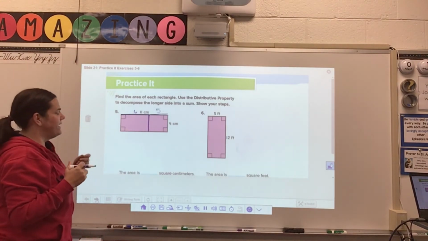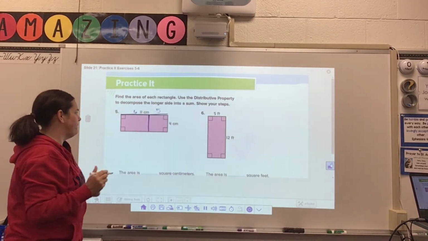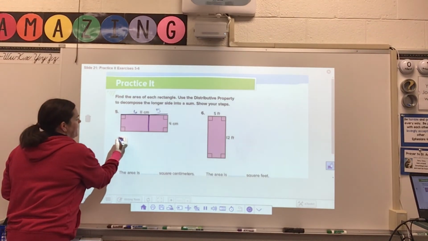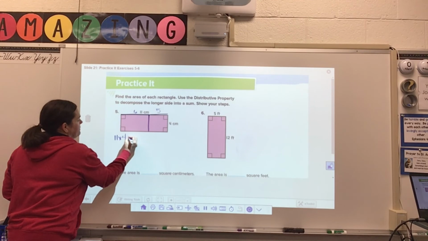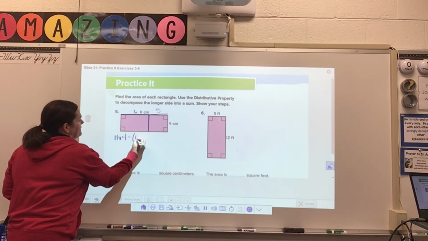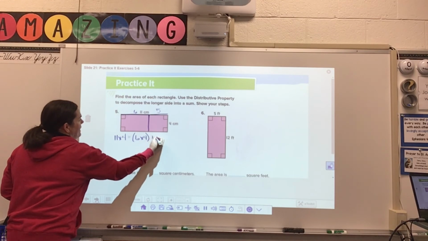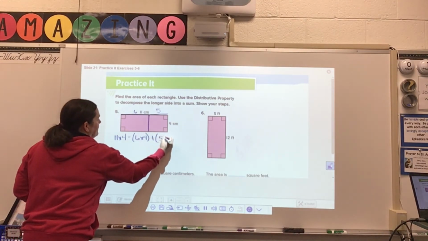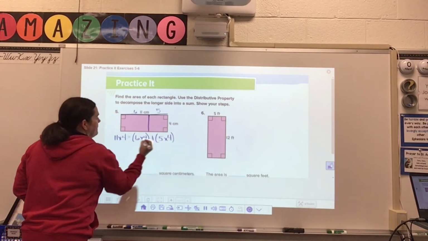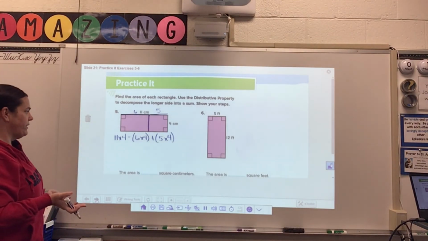So I'm decomposing that 11 into 6 and 5. So instead of 11 times 4, I'm going to be multiplying 6 times 4 plus 5 times 4. And that's how I'm going to do the distributive property here.